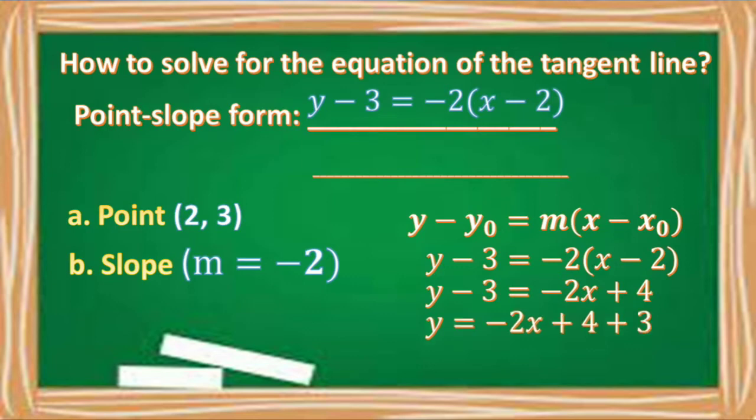So we have y is equal to negative 2x plus 4 plus 3. Simplifying further, we can just add 4 and 3. So we have y is equal to negative 2x plus 7. Therefore, we can also have y is equal to negative 2x plus 7 as our equation of the tangent line.